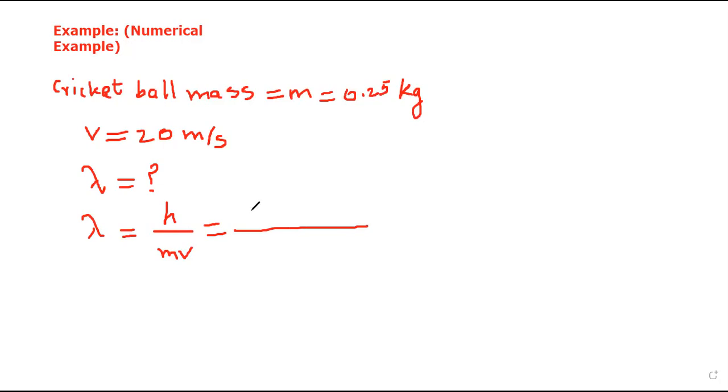H is Planck's constant and it has the value of 6.63 multiply 10 power minus 34 joule second, while mass is 0.25 kilograms and velocity is 20 meters per second.